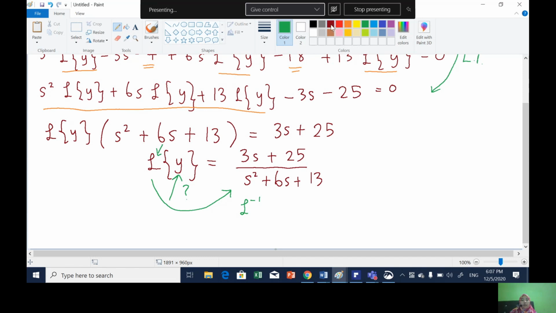So this means that we can find the solution of y by finding the inverse of the one on the right hand side. Okay, so find this inverse.